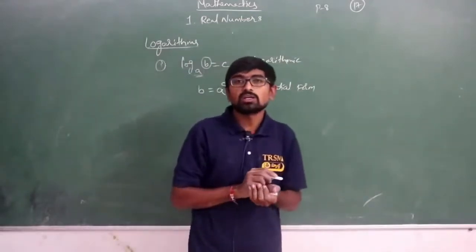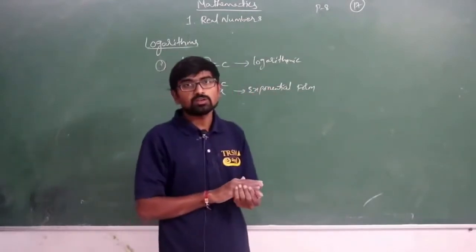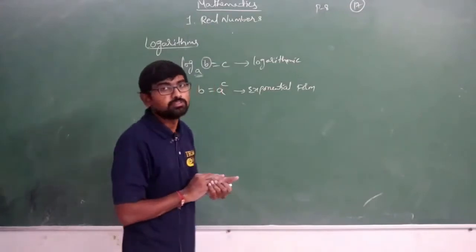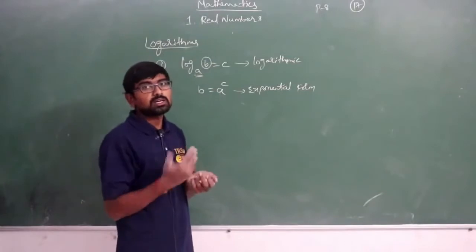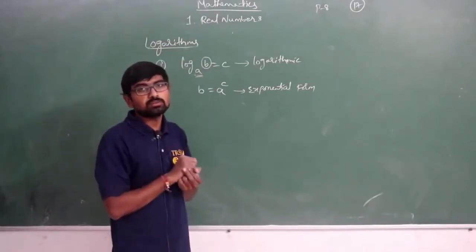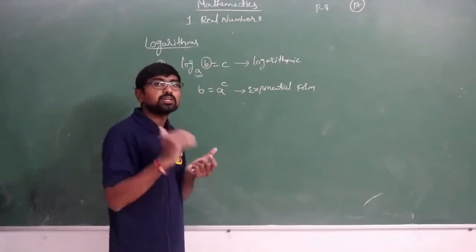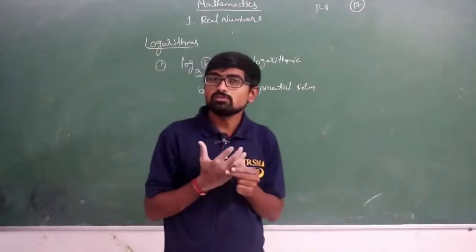Hope you all understood about the logarithm. I have given an example before of why we are using logarithms. If we have any variable in the power, how will we find that variable? By converting that exponential form to logarithmic form, or whenever the number is given in a logarithmic form, it can be converted into exponential form and we can easily find the value of that variable.